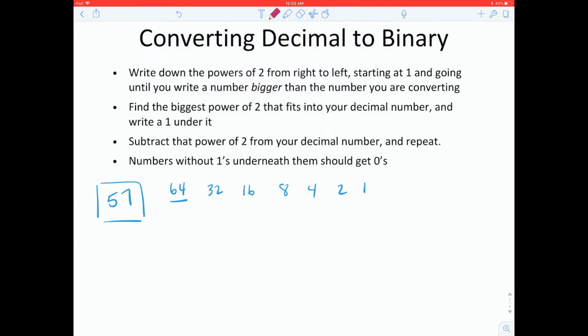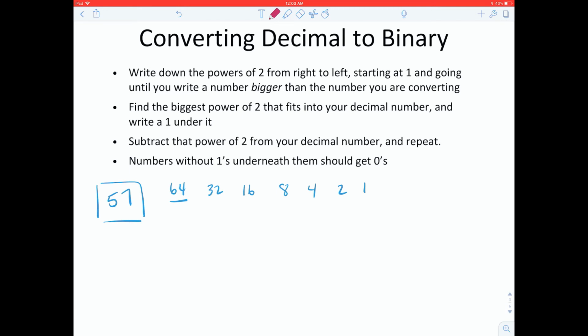Now I need to figure out what the binary equivalent is. And this process is very similar to how we intuitively make change. If you recall paying with cash, I know people pay with cash less and less every day, but think of paying with cash and trying to make change. If you are going to give someone 84 cents change, you're not going to count out 84 pennies.